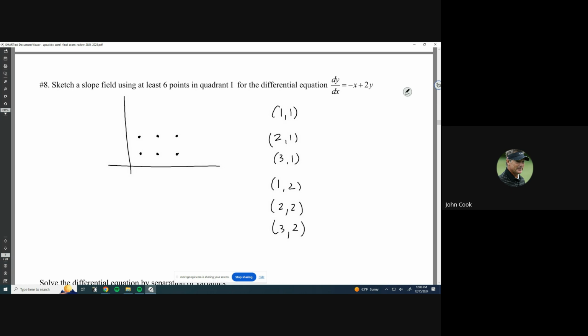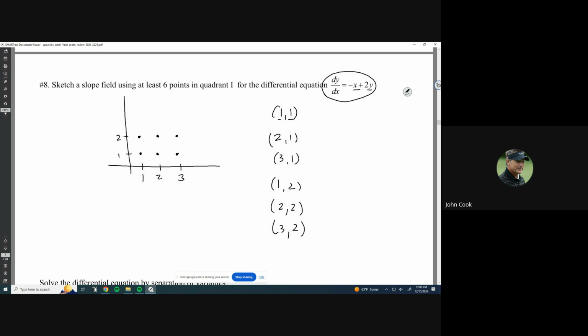Okay, so I graph the points, and then I take the points and plug them into the differential equation to draw out the slope field. What I would do is plug 1 and 1 in for x and y respectively in this equation to get the lineal element for the equation.